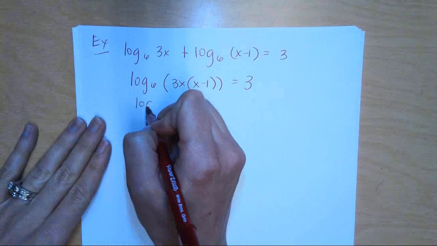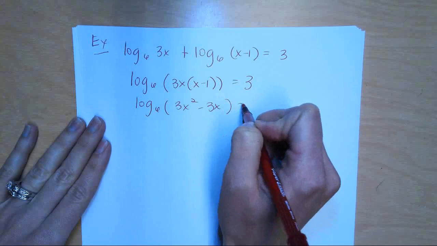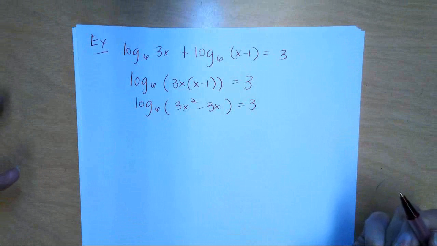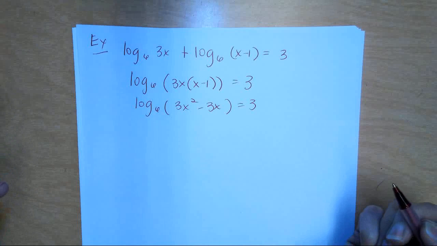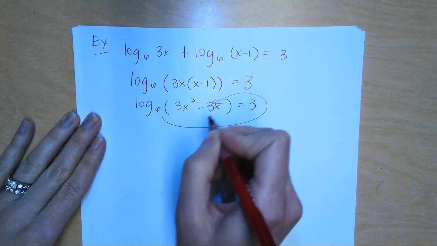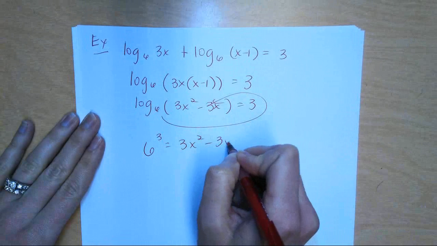This is log base 6 of 3x squared minus 3x equals 3. Now we have log equals a number, we can switch the form. So we swirl, we have 6 cubed equals 3x squared minus 3x.